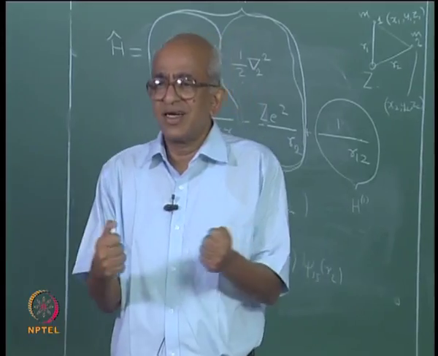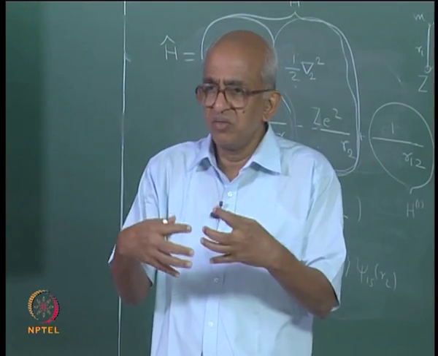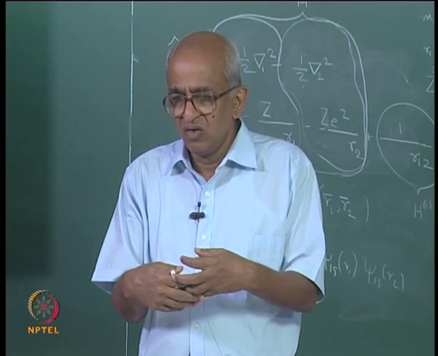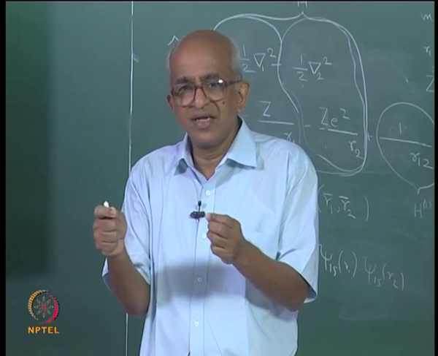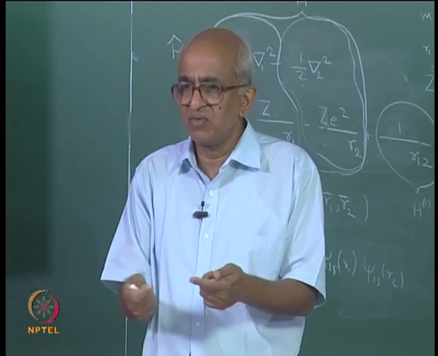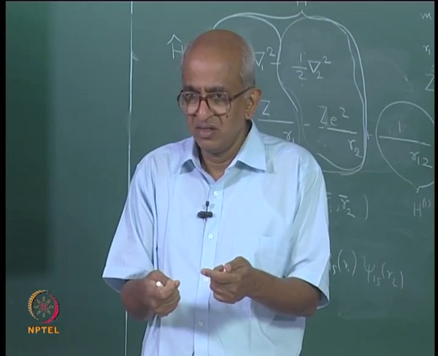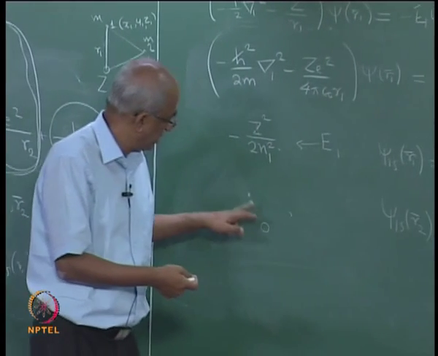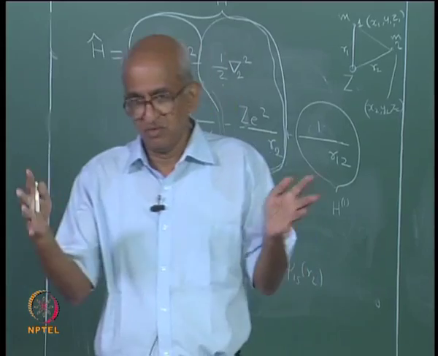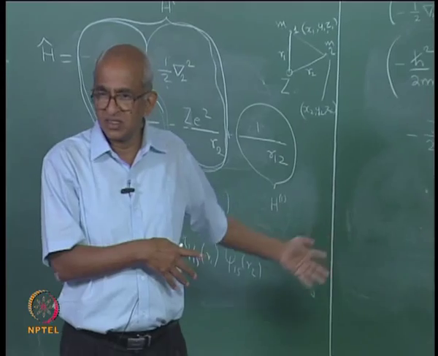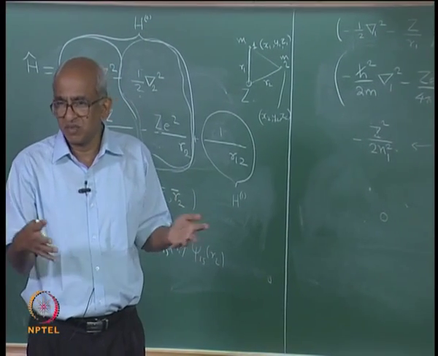Both the electrons are attracted towards the nucleus, so they want to be near the nucleus, correct, but they do not like each other because they repel each other, they have the same charge, so they do not want to be near one another. Now, the analogy that I usually give is, imagine you have a beautiful girl and two boys. Both of them are in love with the girl, so they would like to be near her, but of course they do not like each other, so the dynamics of the system is extremely complex.